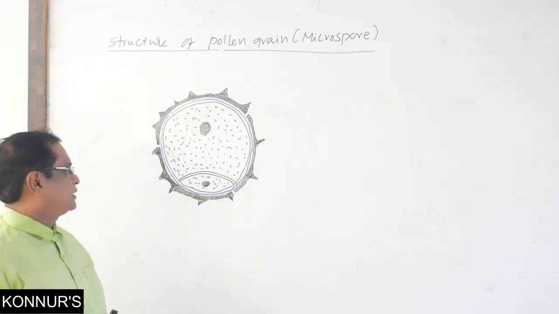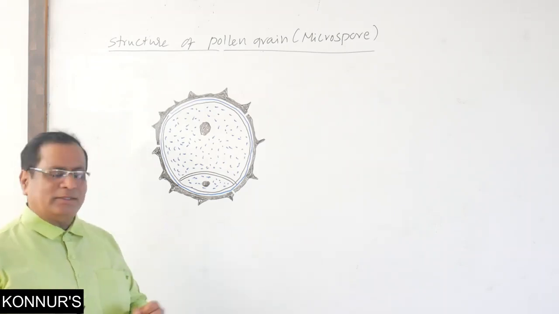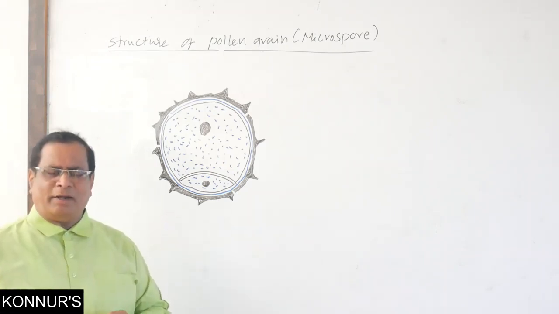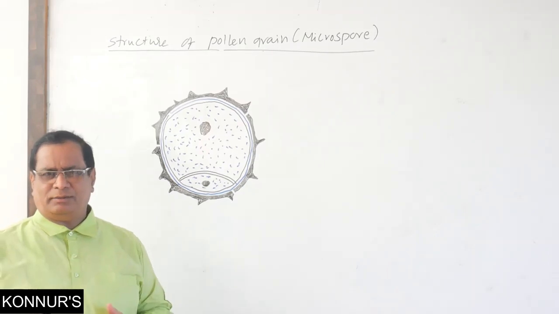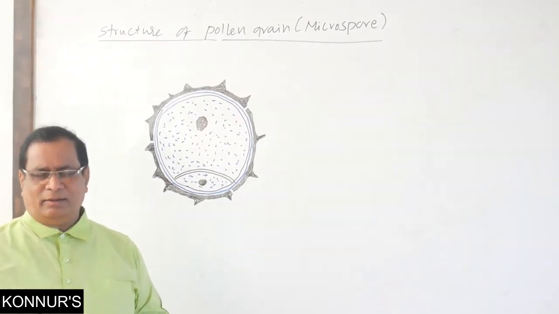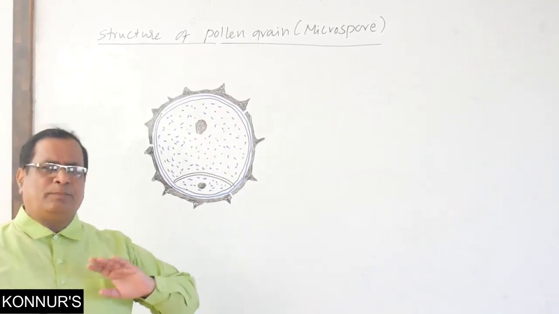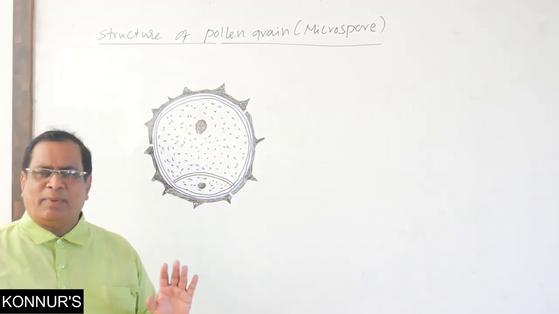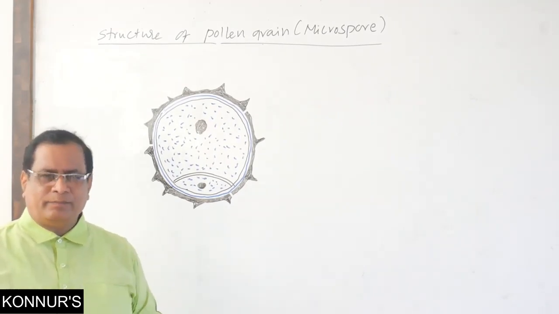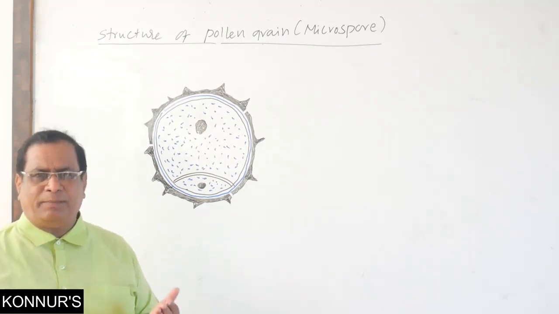As far as the structure of pollen grains is concerned, pollen grains have a different architecture, shape, size, even design in different species. All the pollen grains in flowering plants are not unique.